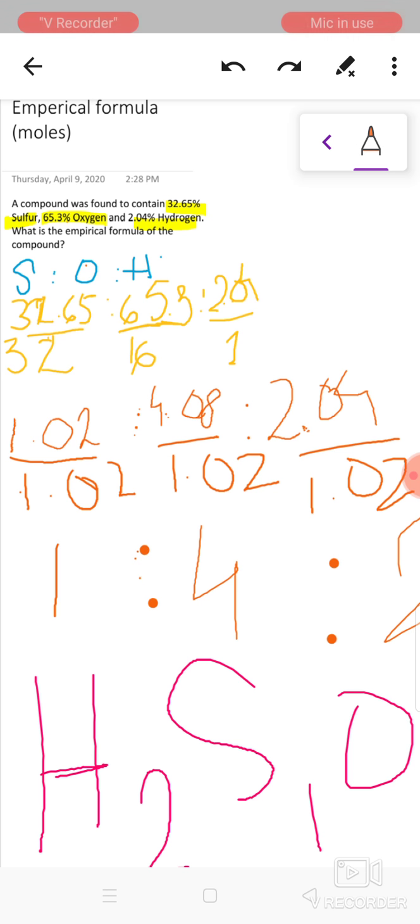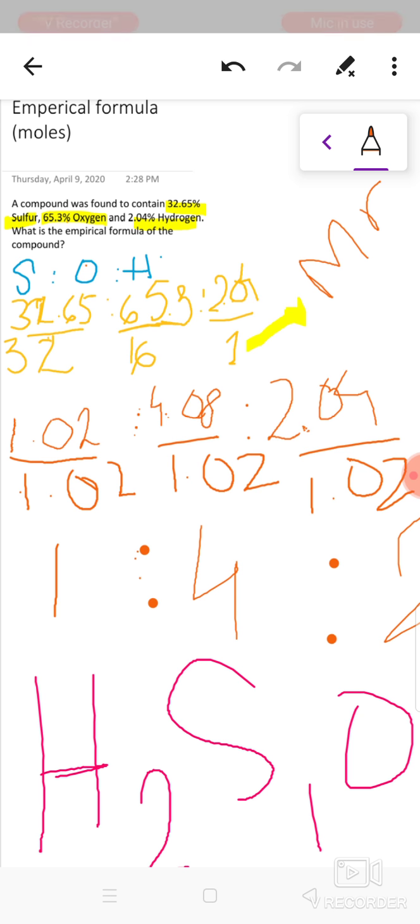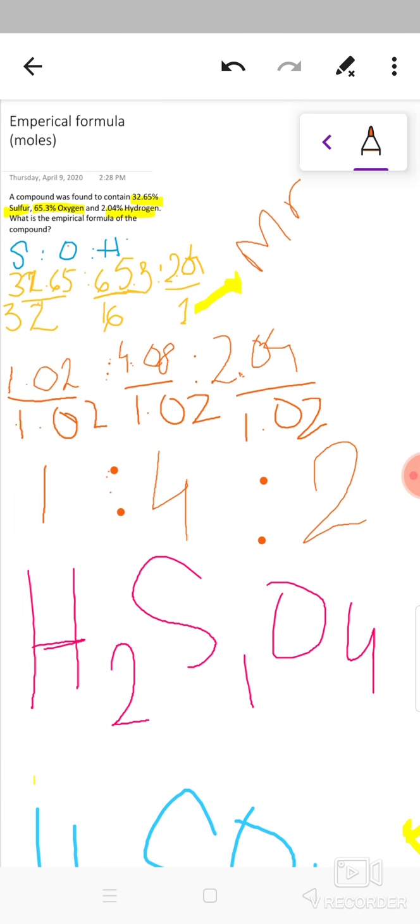These are the Mr values. Once we had the answers after the division, we divided them further by the smallest answer, and we got the ratio 1:4:2. This ratio tells us how much sulfur is combined with hydrogen and oxygen. So this is how the formula is.